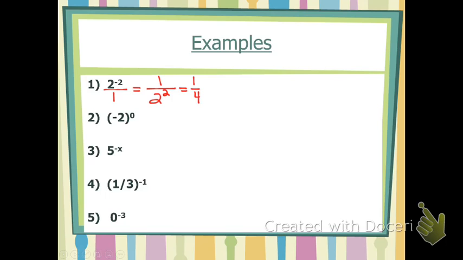So we'd get 1/4. Remember, anything raised to the 0 power other than 0, and negative 2 is not 0, always equals 1. 5 to the negative x goes to the bottom of a fraction and becomes a positive.